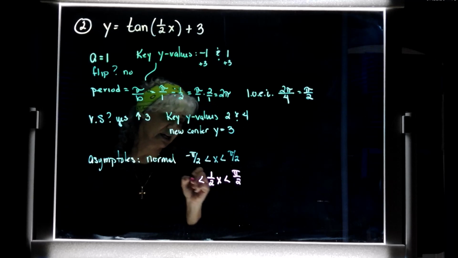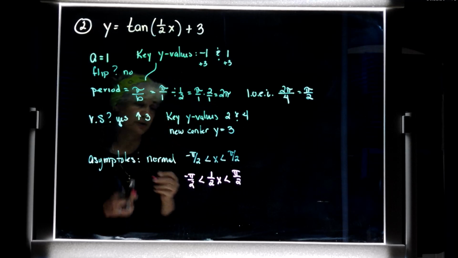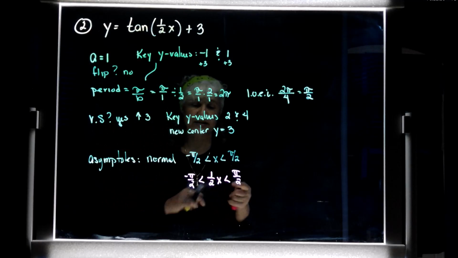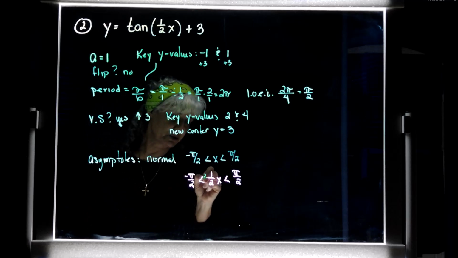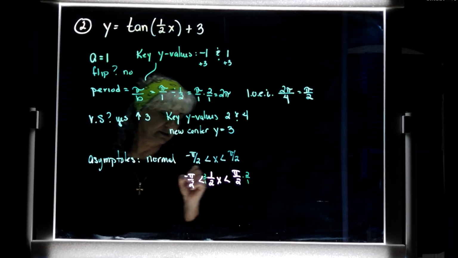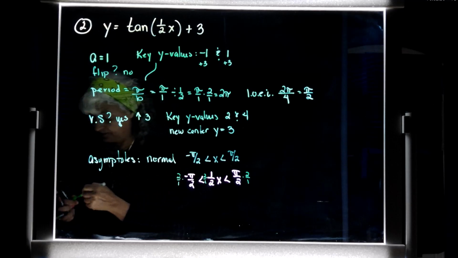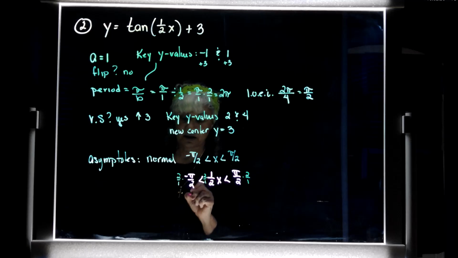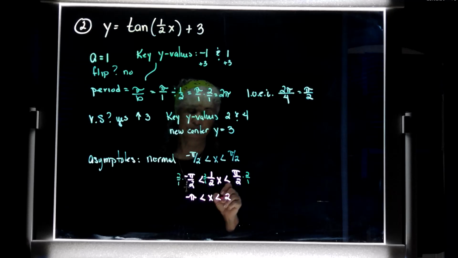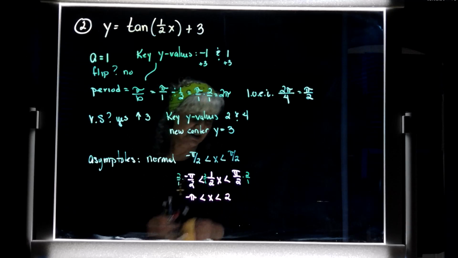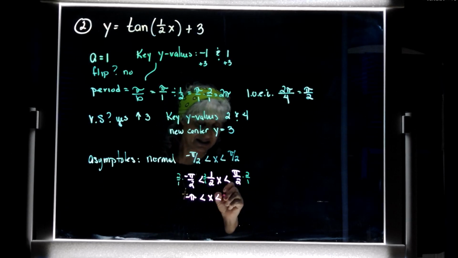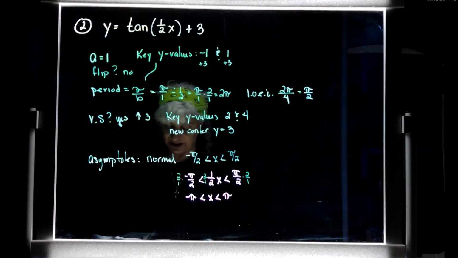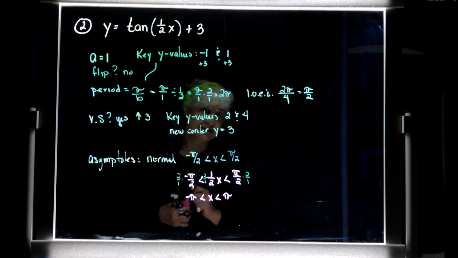So now you have to find out how that 1/2 is going to affect the typical asymptotes. So what are you going to do? I have to get rid of this, so I have to multiply by 2 over 1 on the left and the right as well. That's right, negative pi less than x less than... whoops, not 2. I was thinking of canceling the 2. See, this is why you got to do the work with me. Less than pi. These are my new asymptotes. Good? Okay.